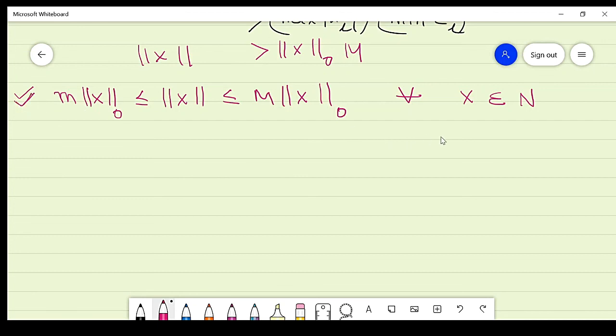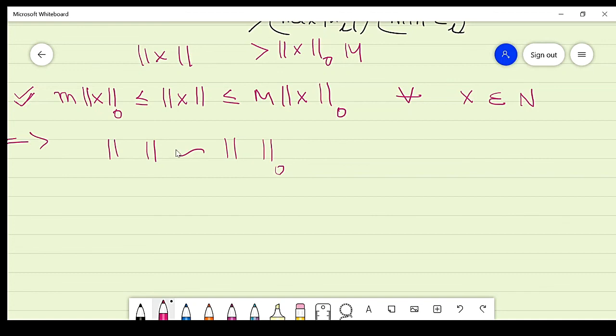If it is satisfied for p vectors, then it is satisfied for n vectors, for n space. Now it means this norm is equivalent to this 0th norm. So this is a very important result.